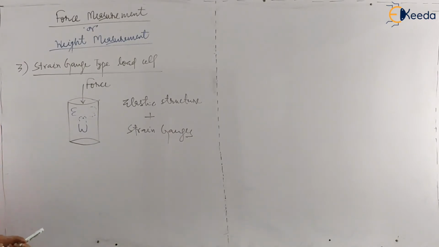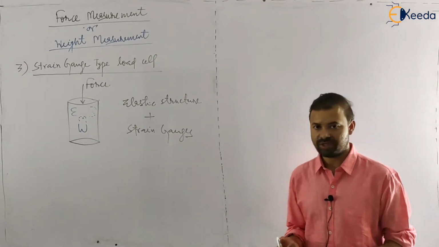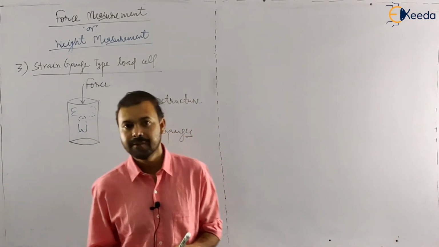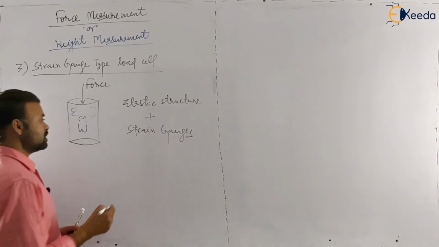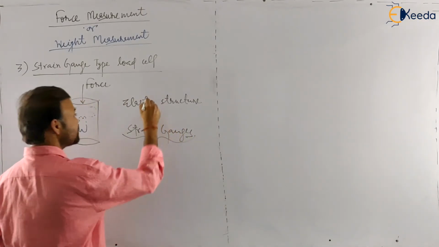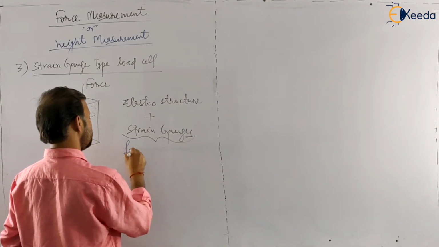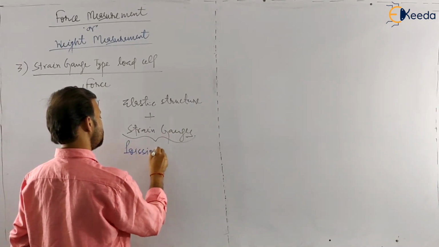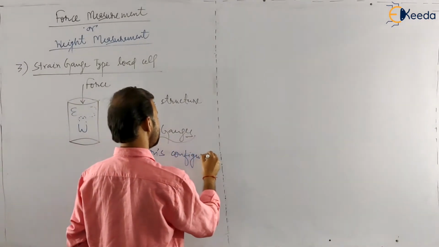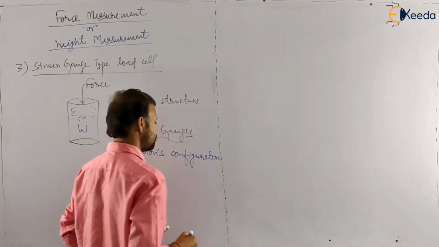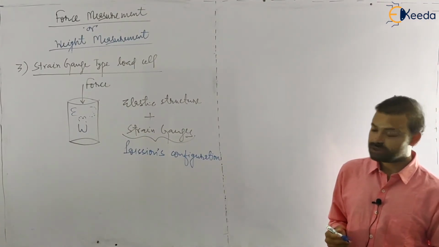Now the connection of strain gauges should be such that it is in Poisson's configuration. We have studied this in the strain gauge part of this video series, how strain gauges are attached in Poisson's configuration.